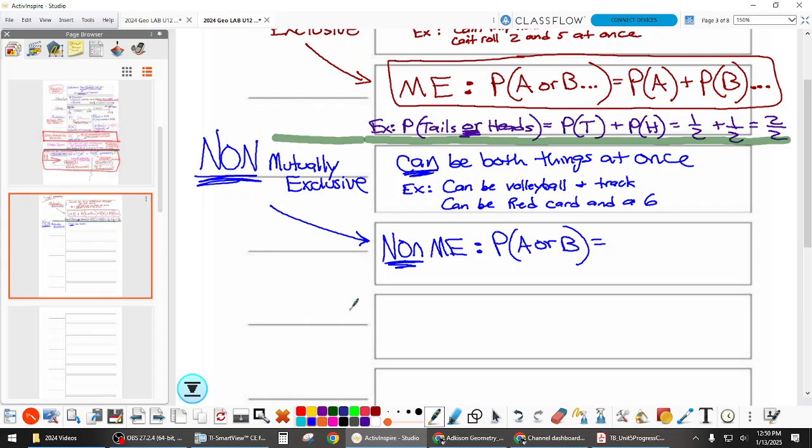I'm not going to put the ellipsis, the 3 dots, because I'm not going to give you like 3 or 4 of these. It would get pretty ugly. So we'll just keep it to 2 events at once. Starts off the same. What do you suppose we need to do with that overlap so something doesn't get counted twice?